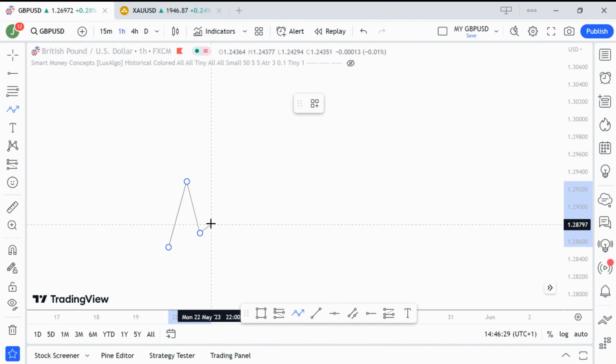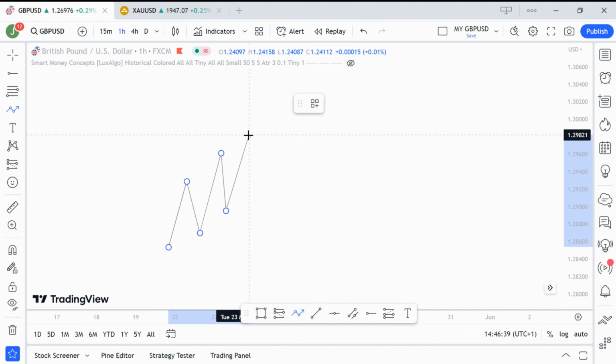It goes up, comes down, breaks structure to the upper side, creating a new high, comes down again, creating a new low, then breaks the new high, but we call it a break of structure, coming down again, forming a new low. We go again, another break of structure to the upper side.